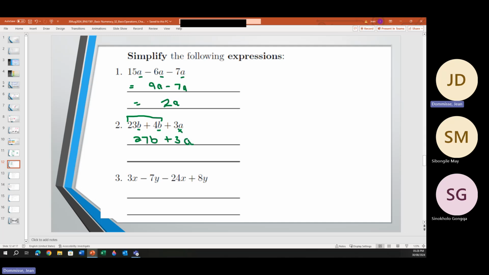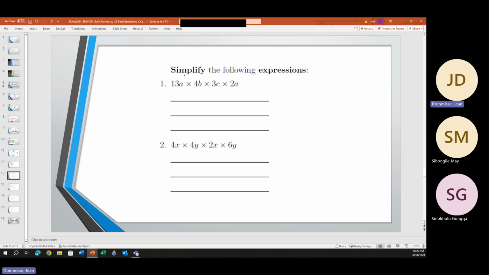Okay, so we're still not allowed to add the a's and b's together. The same if we were subtracting, we're not allowed to subtract if the variables are not the same. Again, different with multiplication, but we will get to that in the next slide.